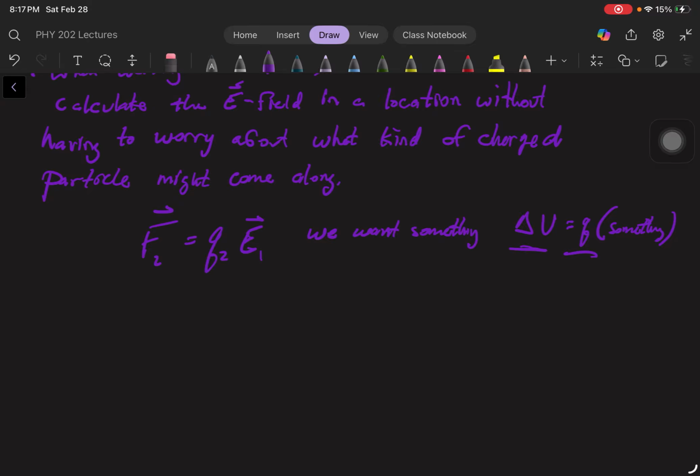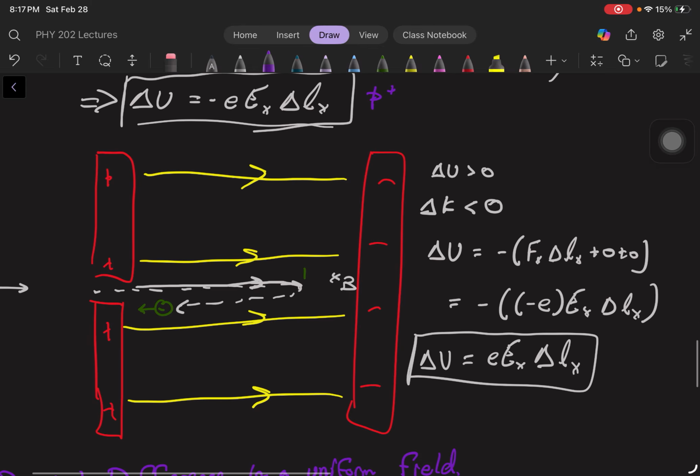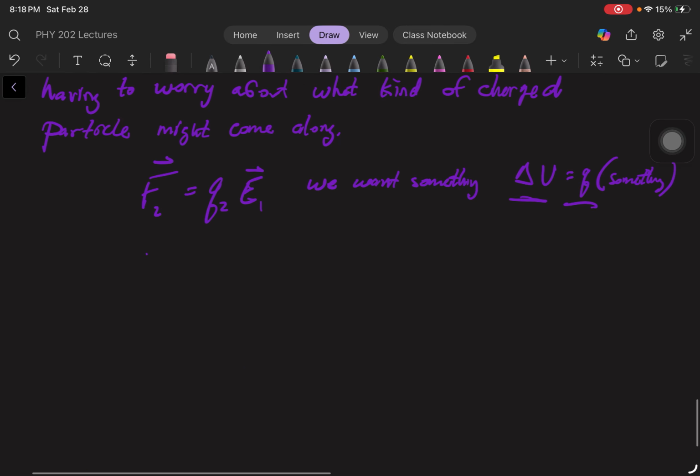right? And so let's take a look at what we had up here, this was for the proton, and this was for the electron. And so we had, for the proton, delta U was equal to negative E sub x delta Lx.